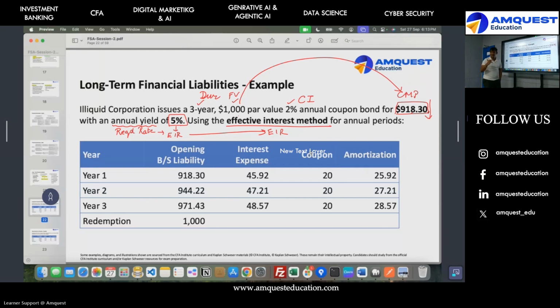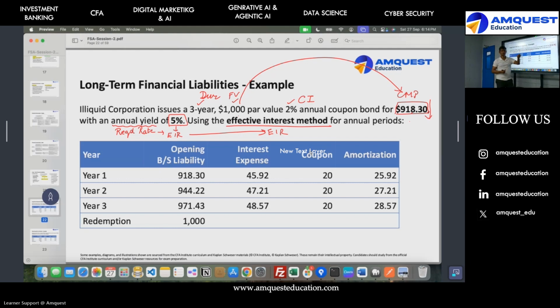Now let's understand the process of amortization. This is called the amortization process. The bond face value is 1,000, which means on maturity, I will get $1,000 or I have to pay $1,000, right? It depends on whose perspective. Let's say you're an investor. If you buy the bond, you have to pay only 918. Same for the company.